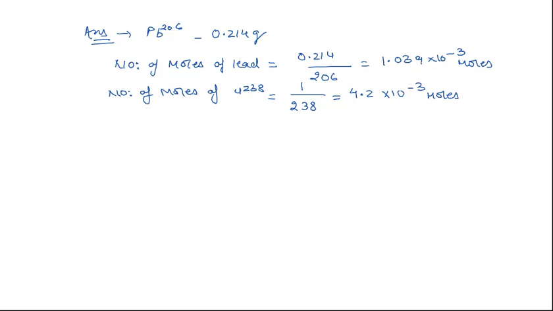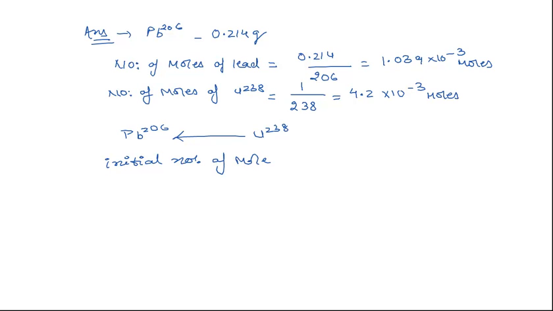Right? Now, this lead 206 has been obtained from U-238 only. So what will be the initial concentration of U-238? The initial number of moles, because we can't go to that time period and find out the number of moles.